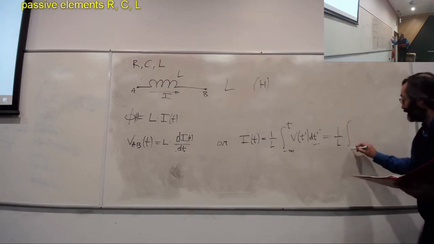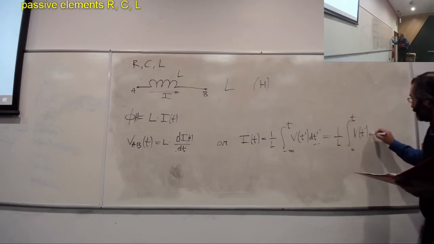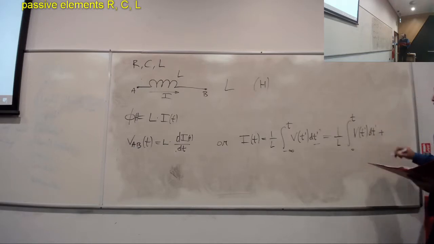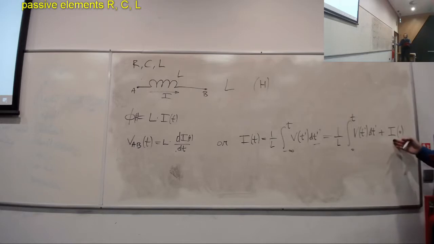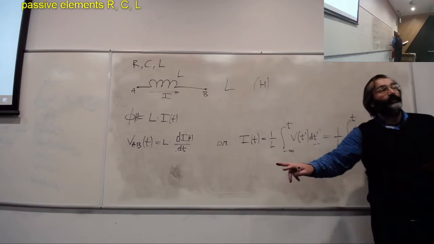So this is the integral from 0 to t of V plus I at time 0. This is our initial condition.